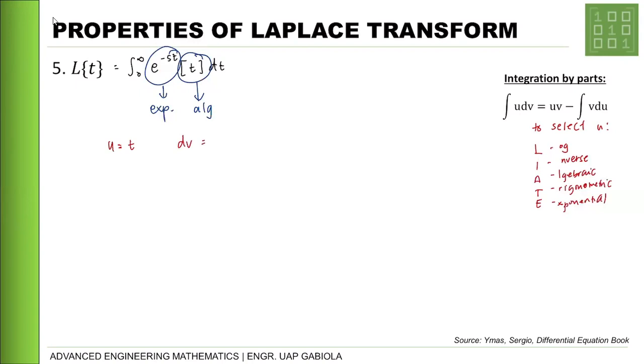So, our dv is e^(-st) dt. Okay? So, let us perform this. u is equal to t. So, this is du is equal to dt. And then this, we will integrate. This will be v.